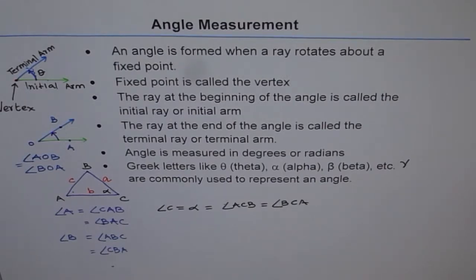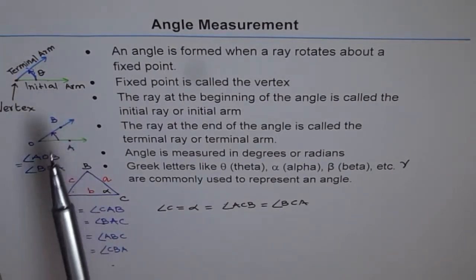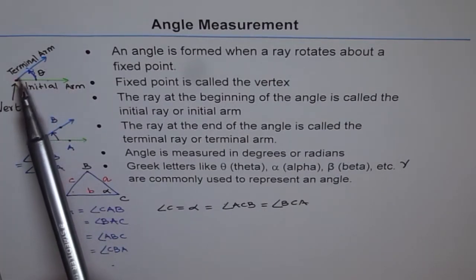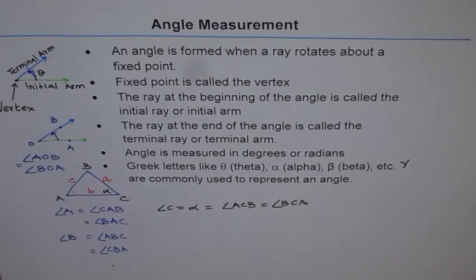So what we learned here is what an angle is. An angle is formed by two rays which meet at a point, the initial point from where they start, and that is called the vertex, right? So here this is the vertex. The initial ray is where it started, and the other ray we refer to as the terminal ray, where it ends. While rotating, it forms an angle, correct?